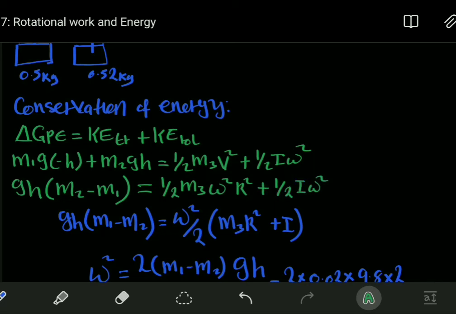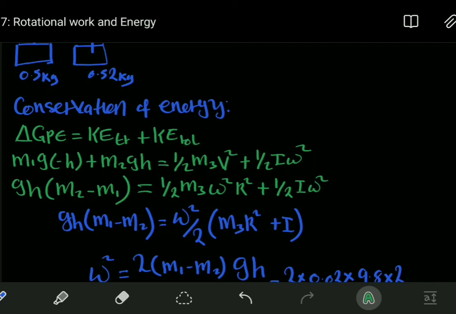Here on the right hand side I am writing half m3 omega squared r squared, because we know that v equals omega r. So if we square that, we have omega squared r squared.